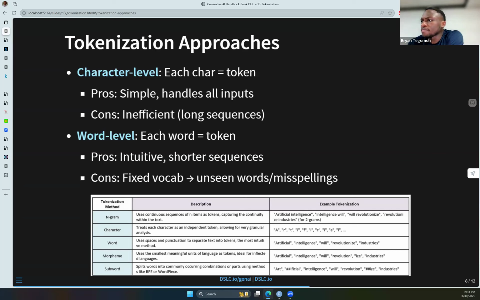There's also word level tokenization, where each word is essentially a token. There are some pros to that: it's intuitive and you can have shorter sentences. But the problem is you would have a fixed vocabulary, which leads to unseen words and misspellings.